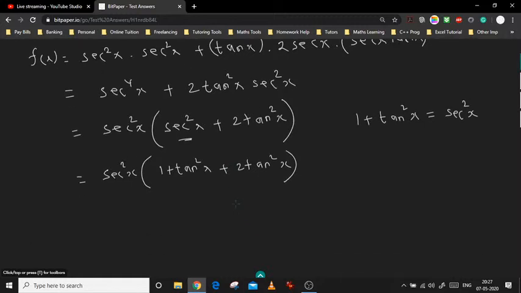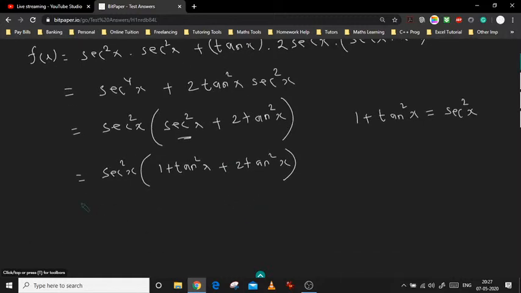So let's see if we can simplify this further. This is going to be secant squared x. Maybe we can put this as 1 plus tan x square. The expansion of 1 plus tan x square is 1 squared is 1, tan squared is tan squared. No, we cannot put that because it is 2 tan squared x.